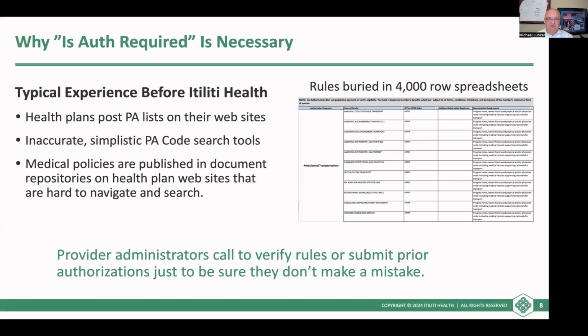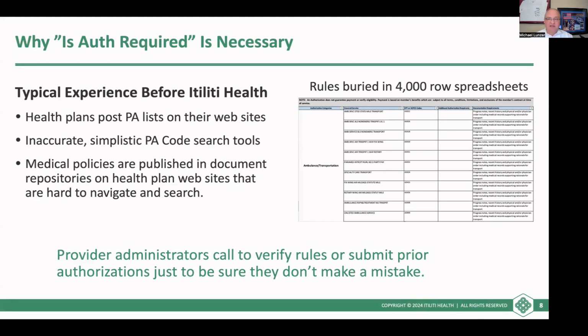There might be multiple spreadsheets on the health plan website, one for each line of business. There might also be variations within that line of business that aren't even put into context on that spreadsheet.